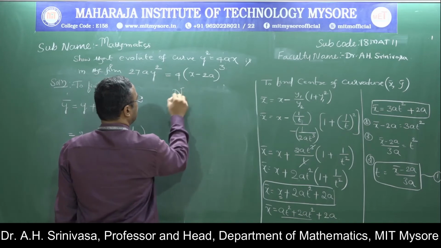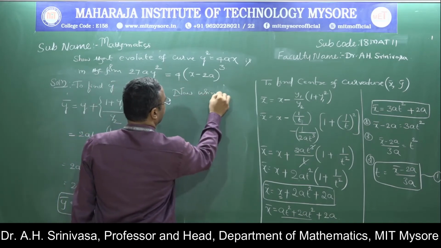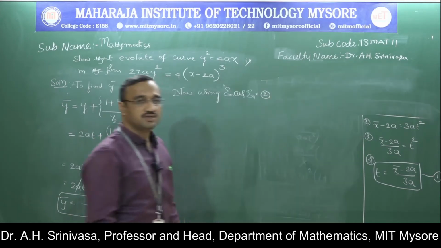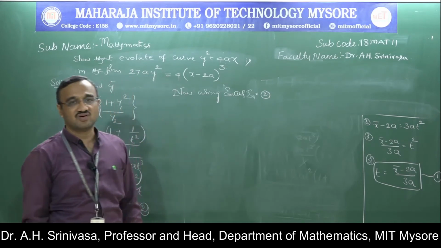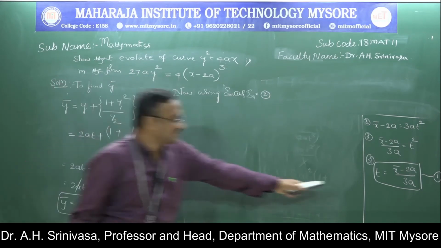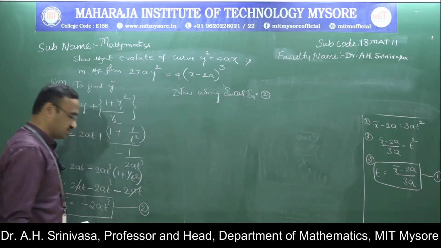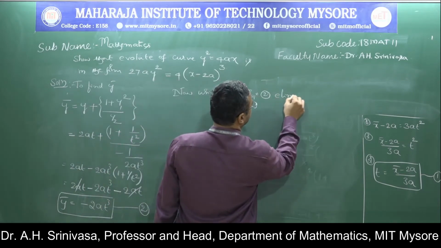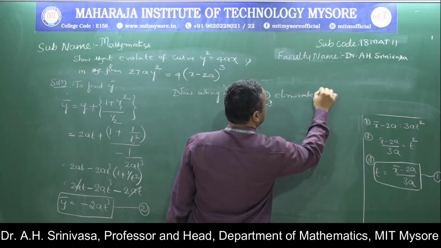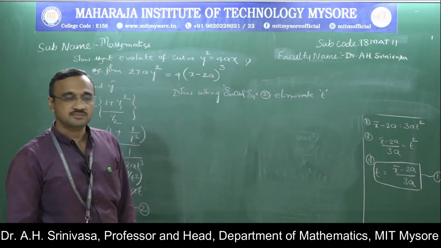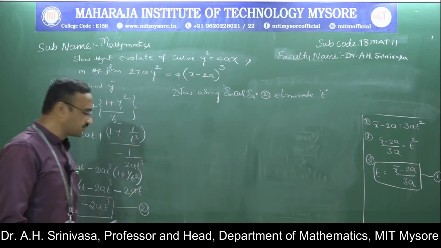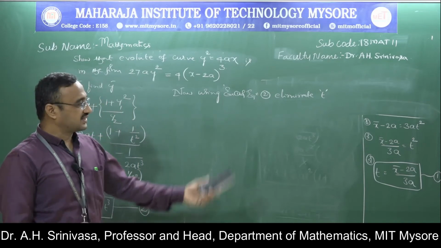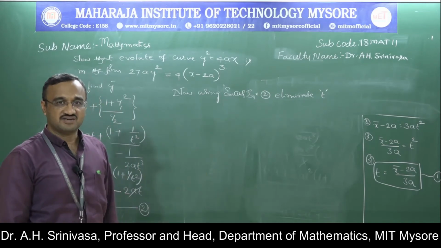Now using equation 1 and equation 2, we eliminate the parameter t. Just substitute the value of t from equation 1 in equation 2, then make a simplification. The equations are reduced in terms of x and y.